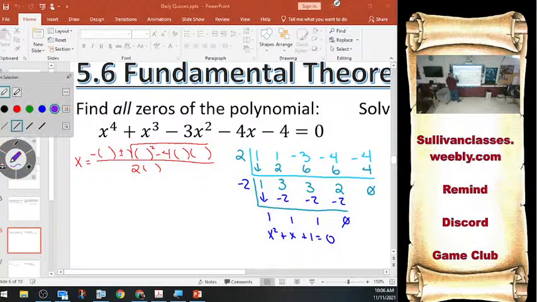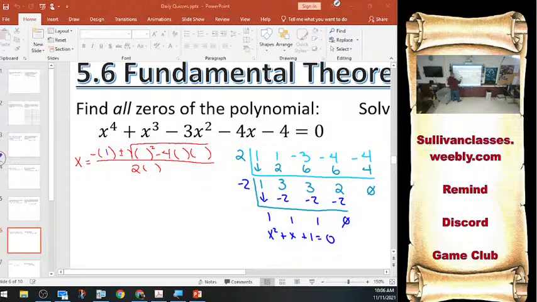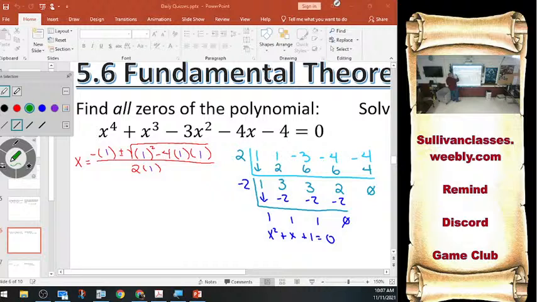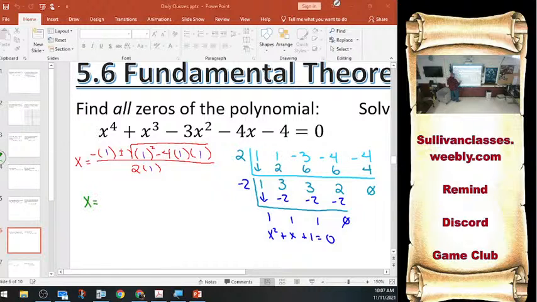In there goes my a, b, and c, which are all 1, getting x is negative 1 plus or minus the square root of 1 minus 4, which is negative 3. Square root of negative 3 is square root of 3 i. And then they're both over 2. Don't forget to write the whole thing and plus or minus 2.